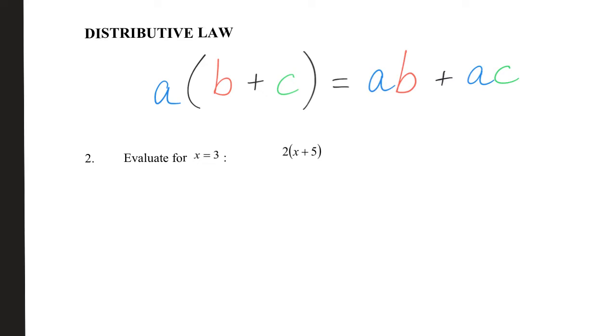So what I need you to do is draw in a couple of arrows. Take a look at the left side of the equal sign and see how it becomes the right side of the equal sign. Maybe you can see that I took my A and multiplied it by my B. Notice that gives me an AB term.